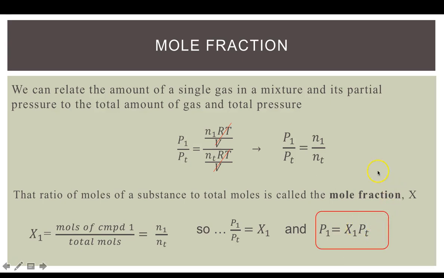And this should make sense. If you think about it, maybe percentages make a little more sense. Imagine you had a mixture of air where it's 80% nitrogen and 20% oxygen.